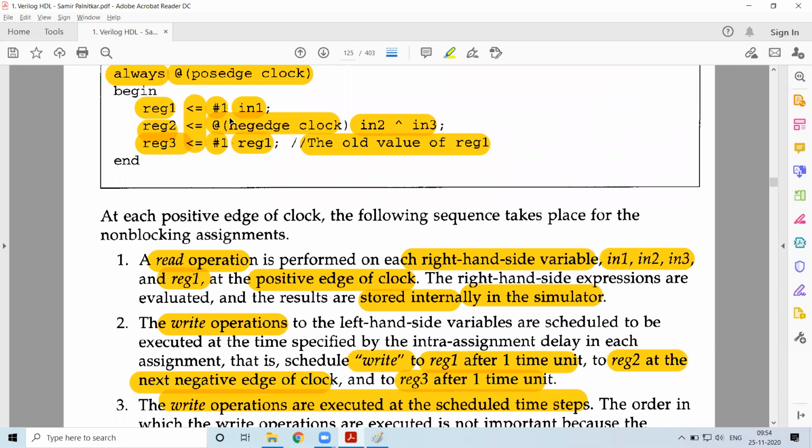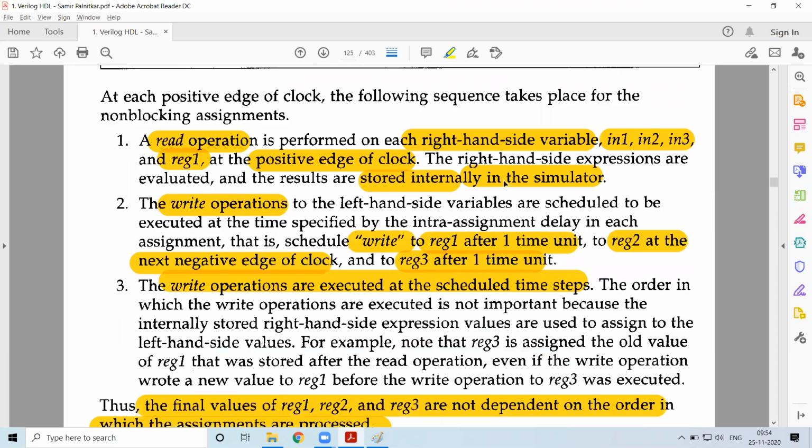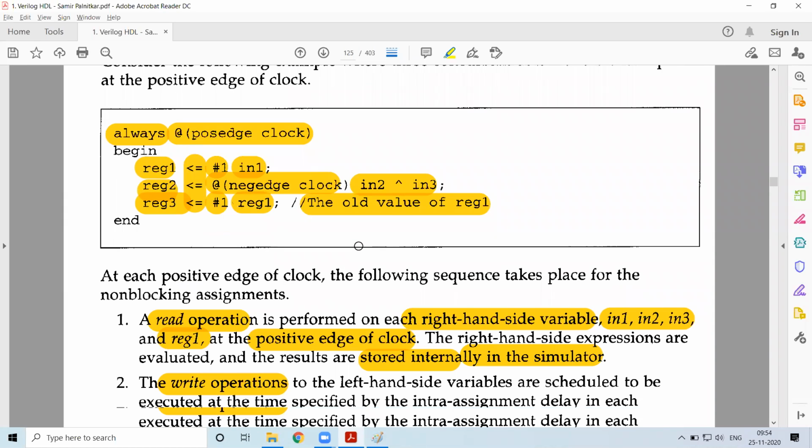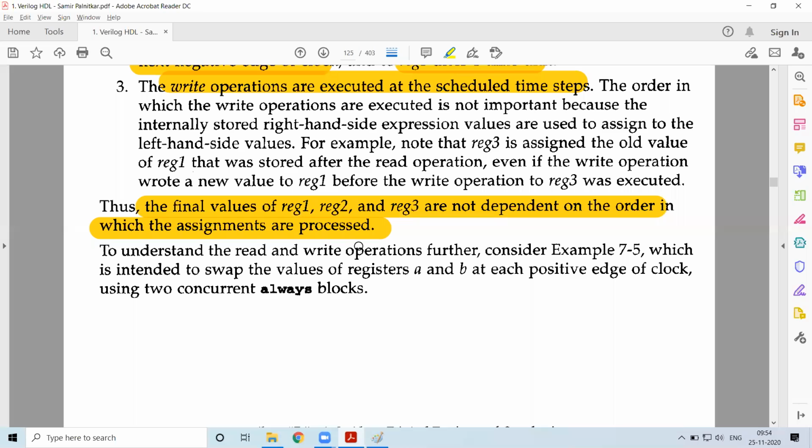You should be taking care of these things. Non-blocking is one special case. It does not depend on where you're specifying what. Reg 2, if you specify first, it does not mean that this will be getting updated first. What is happening is the right side parameters are read first, and then the assignment is happening. So that is not a problem in this case.